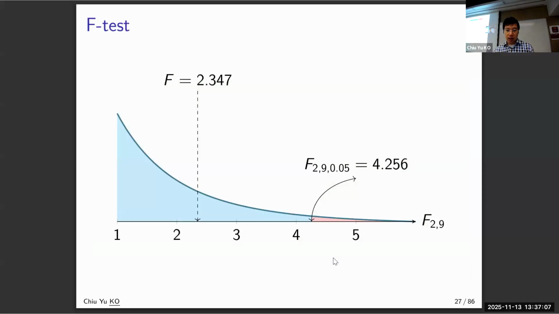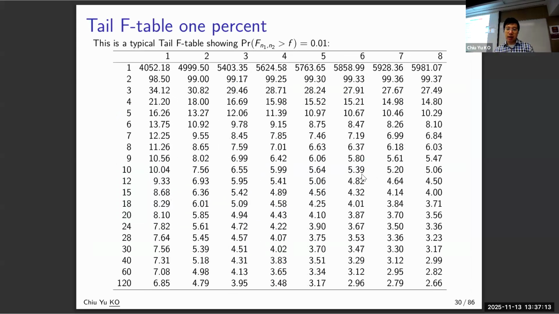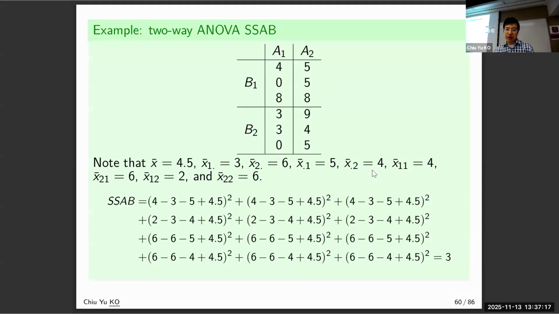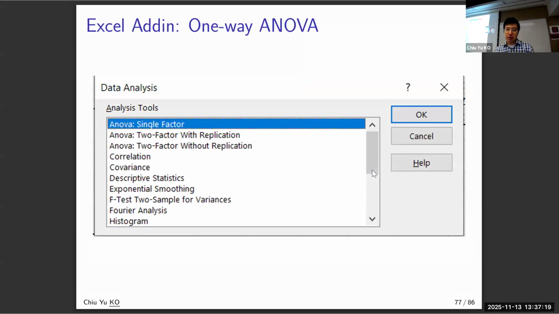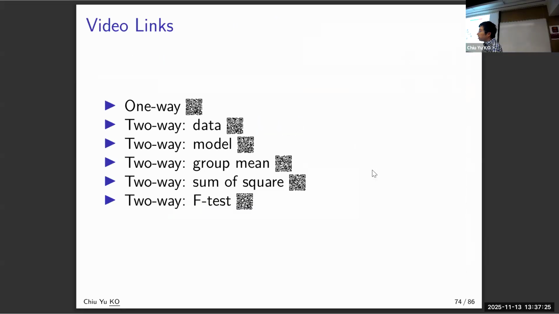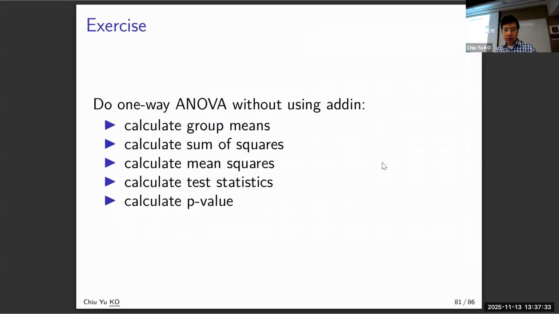And the most important part is not to look at the table, because the table only has a limited number of values. Maybe I look at Excel now and show you how you can operate that in Excel.